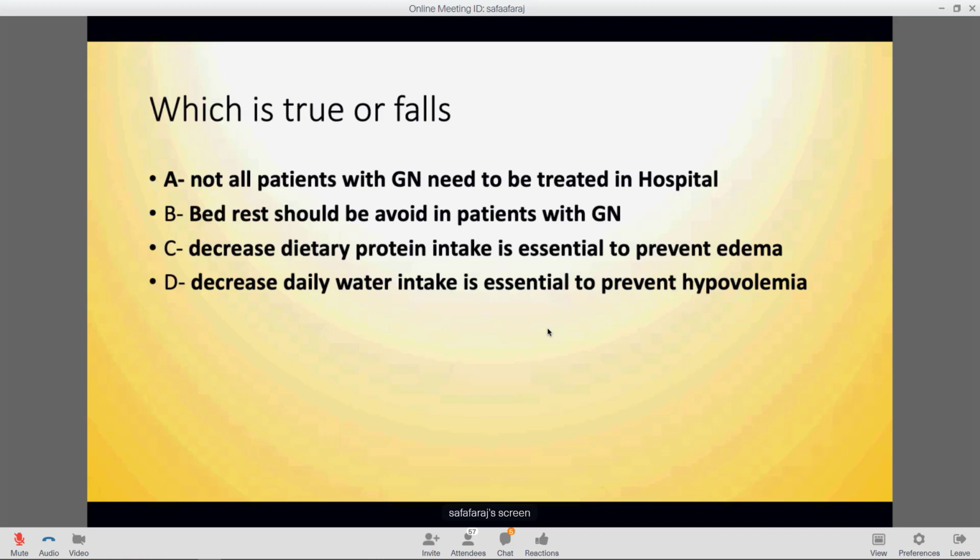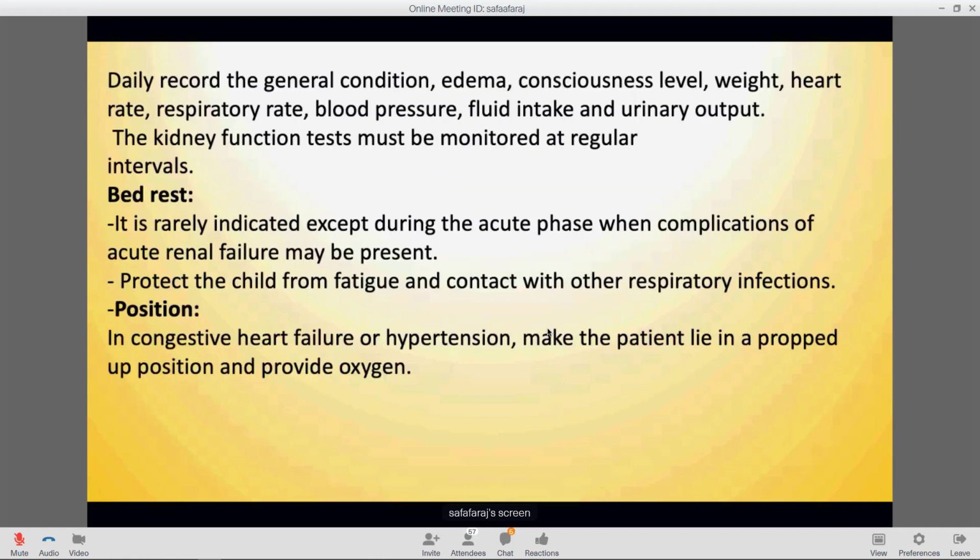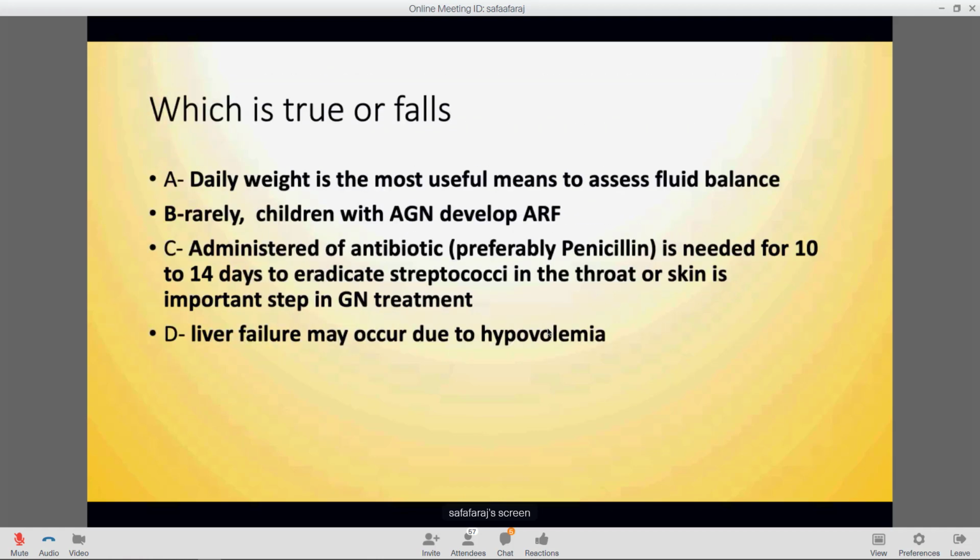D. Decreased daily water intake is essential to prevent hypokalemia. Doctor, we decrease water because we already have fluid overload, not because of hypokalemia. So we can say false. Okay.